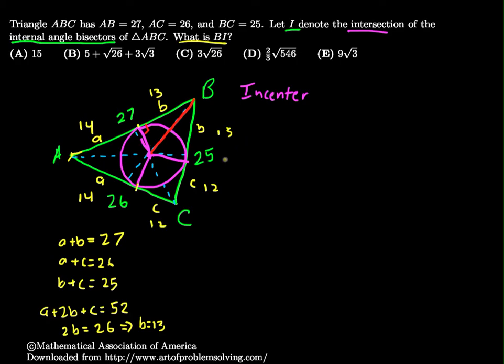Okay, next thing, I need to find the radius of the inscribed circle, and I know that the area of the triangle will equal the radius of the incircle multiplied by the semi-perimeter, half of the perimeter, S. And the reason is I actually have 3 triangles in here.